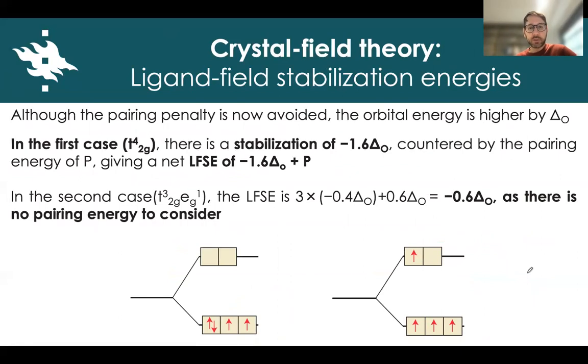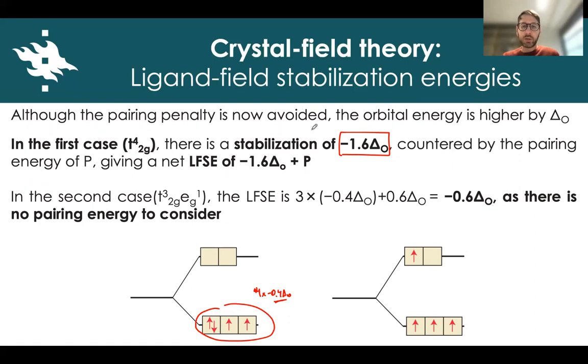So in the first case, where we have the pairing, the ligand field stabilization energy will be minus 1.6 times the ligand field splitting parameter, because we have four electrons times the stabilization of each of the T2G orbitals.